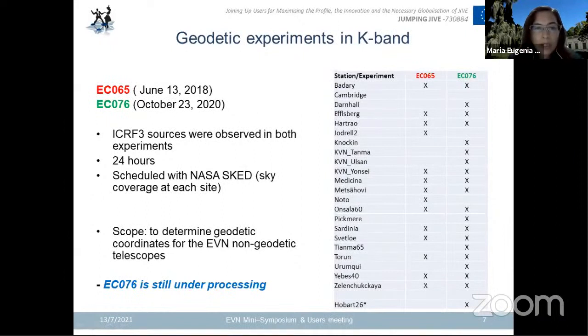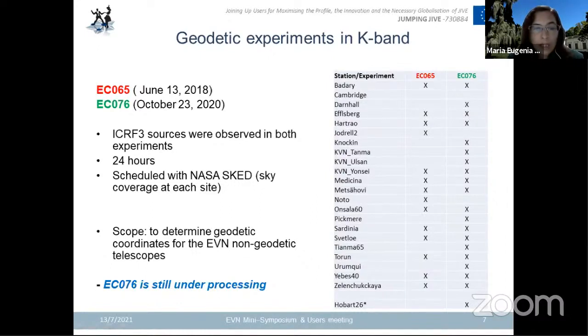We also included the KVN stations, the 3 ones, but in EC065 only KVN Yonsei participated. And in the last experiment, we also asked the people at Hobart to participate, with the idea to improve the geometry of the network, because in the southern hemisphere we only had Warkworth.